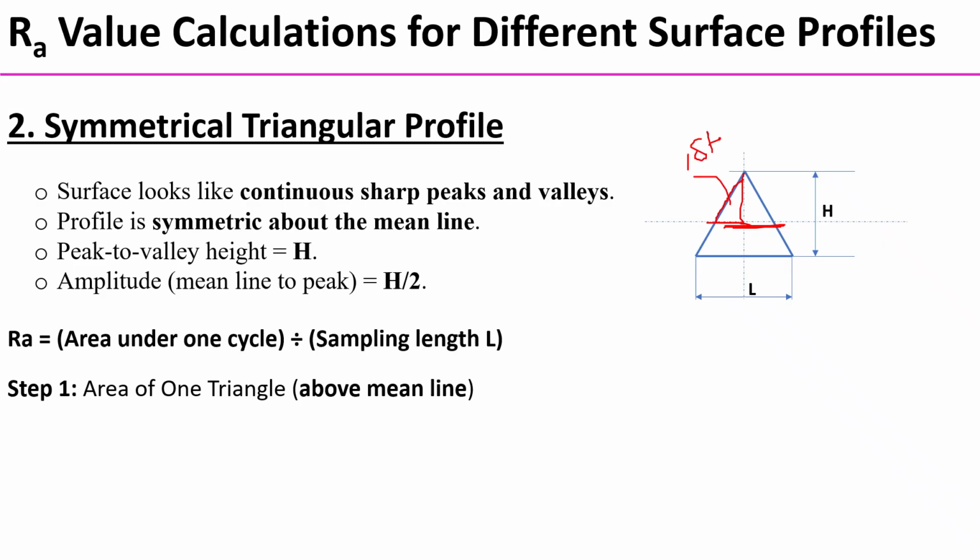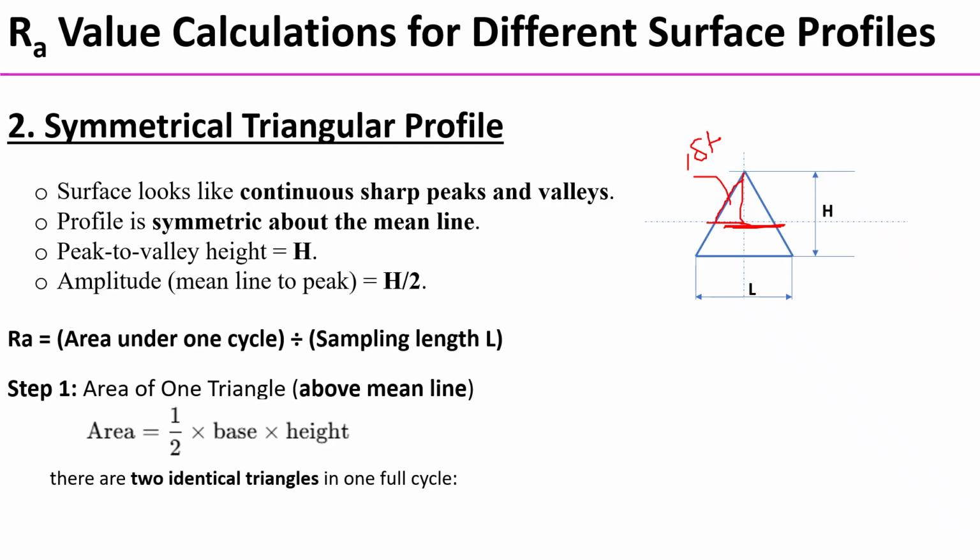First I have to calculate the area of the first triangle. This looks like a right angle triangle. The area of the right angle triangle is half of base into height. Here the base is L by 2 and the height is H by 2.